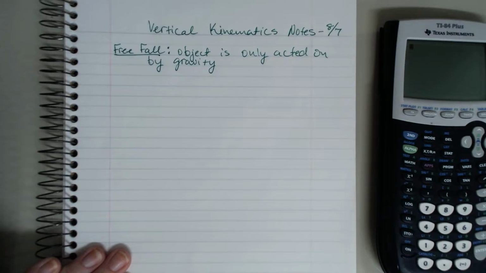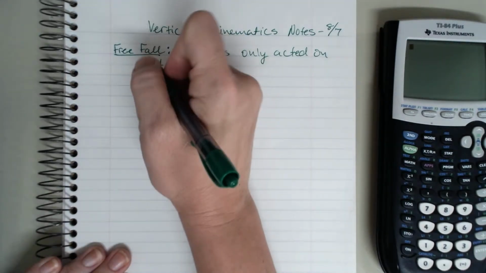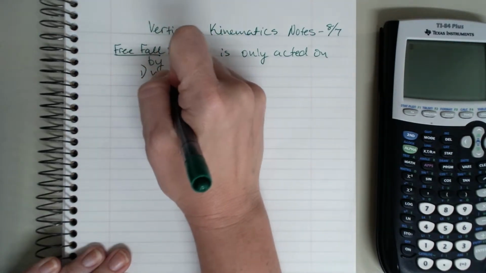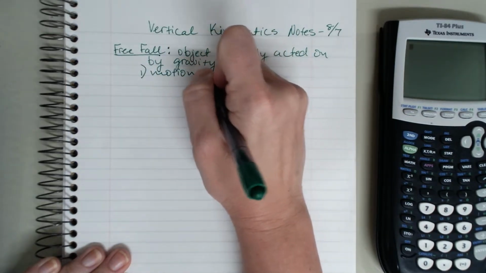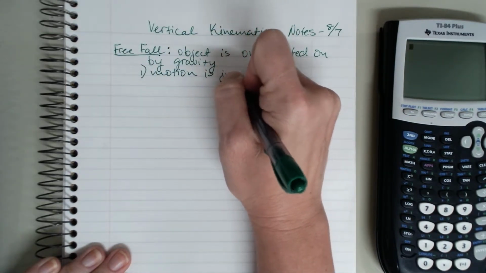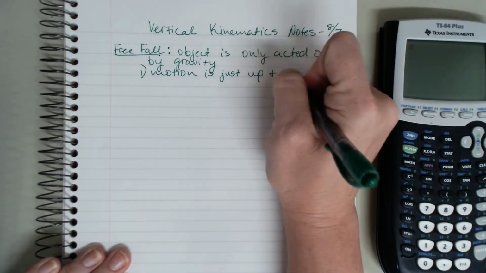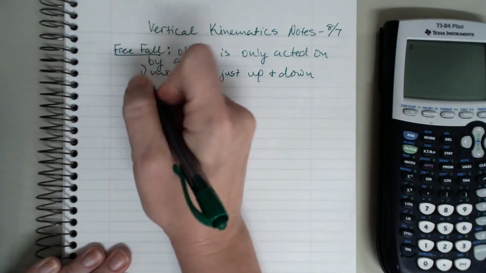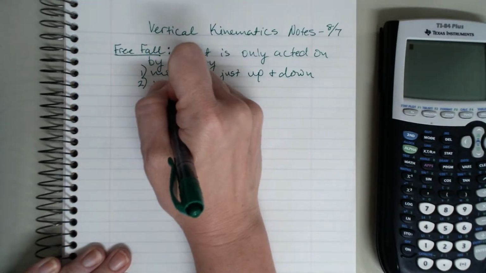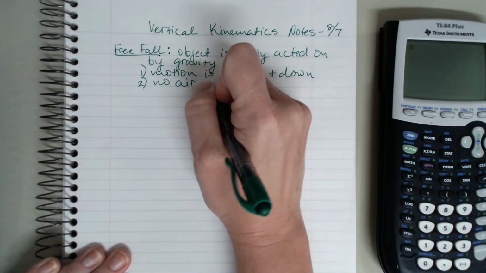Okay, so that means that the motion is just up and down. We assume that there is no air resistance.